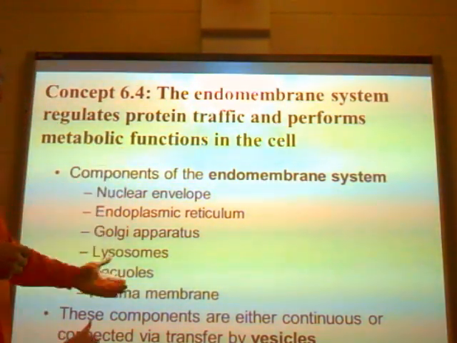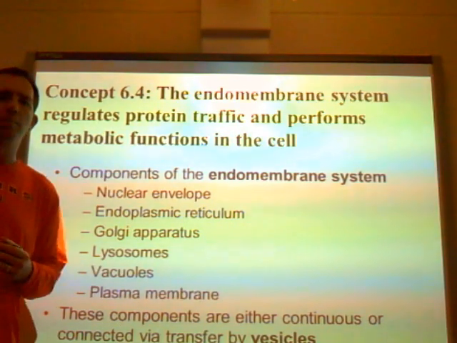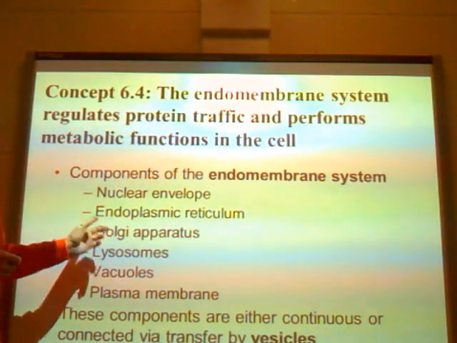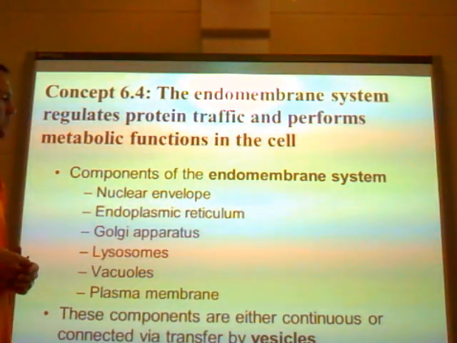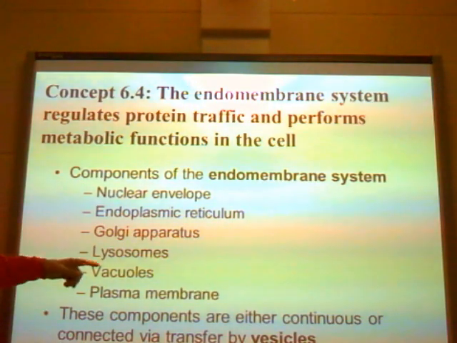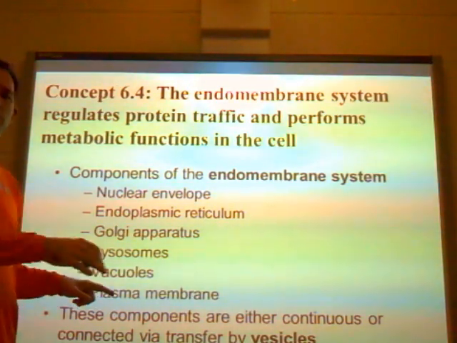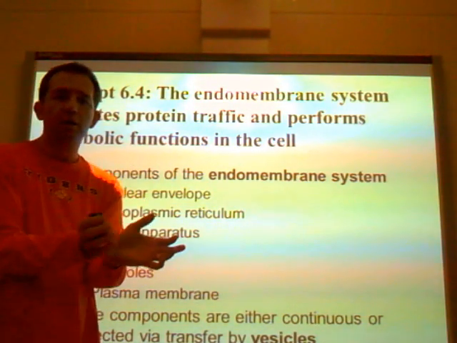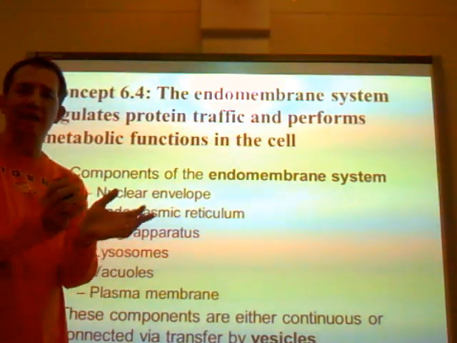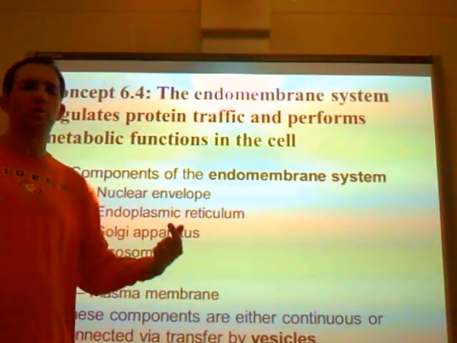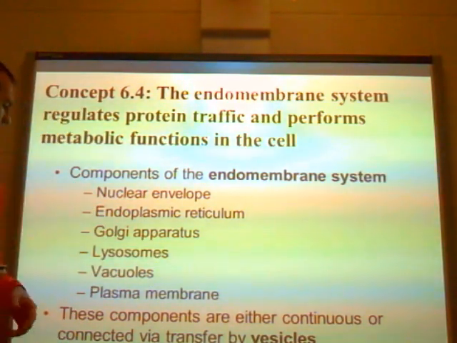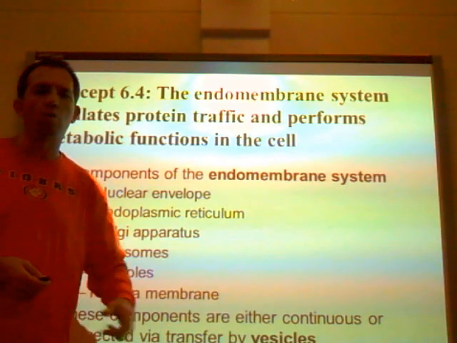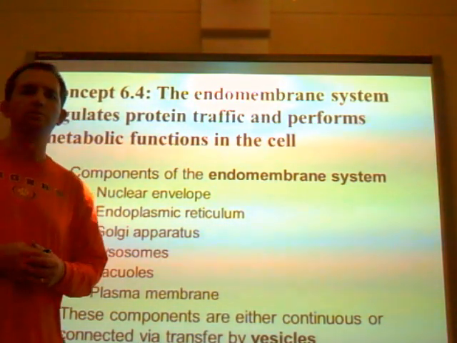Well, it consists of these following organelles: the nuclear envelope, endoplasmic reticulum, both rough and smooth, Golgi apparatus, lysosomes, vacuoles, especially if we're dealing with the plant cell, the plasma membrane, which is the cell membrane, which is the exterior part of the cell that dictates what comes in and what is able to leave. And we also have what are called vesicles, and we'll talk a little bit about vesicles.